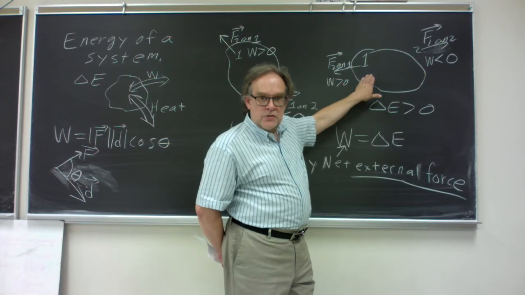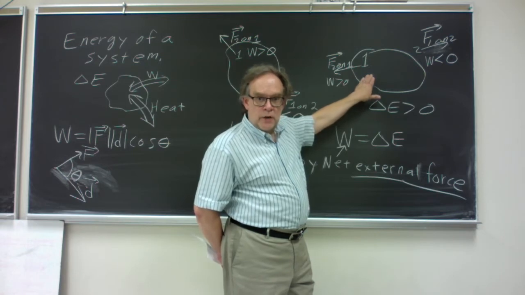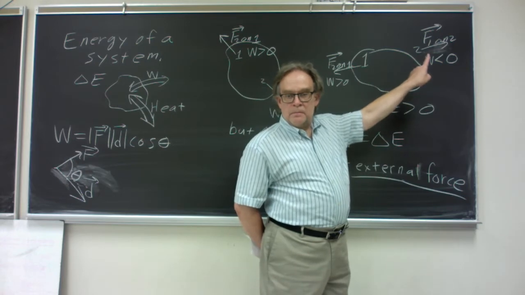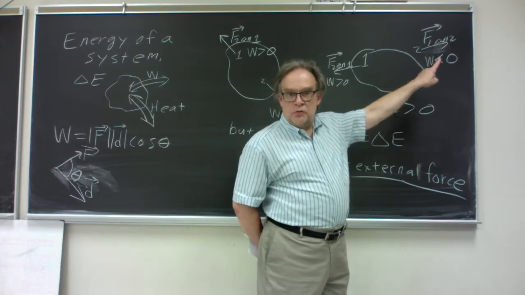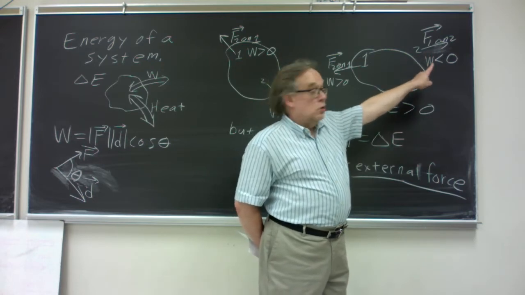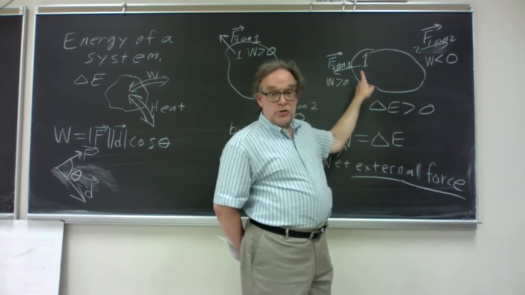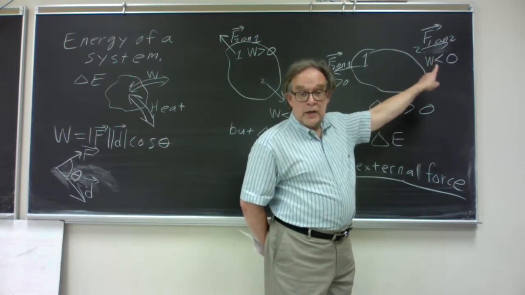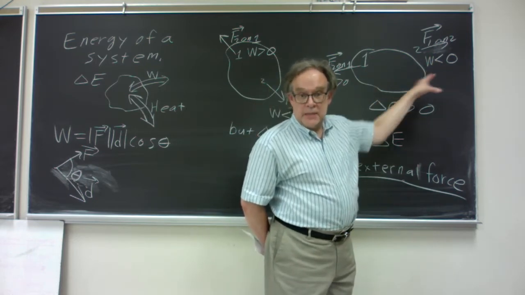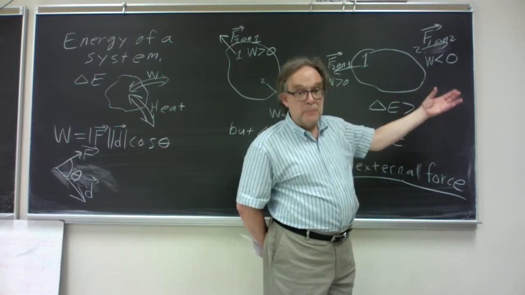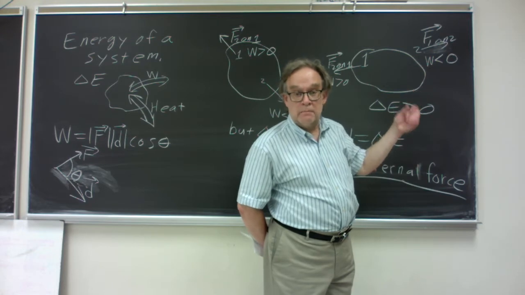In other words, it gives some energy to thing one, and that energy came from the source of the force that did the work. Thing two lost some energy, and the energy was gained by thing one. Thing two had energy taken away from it because negative work was done on it. Negative work, remember, means energy is taken away.